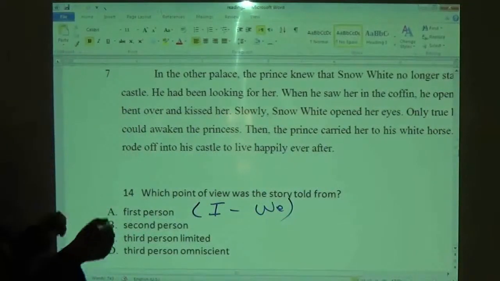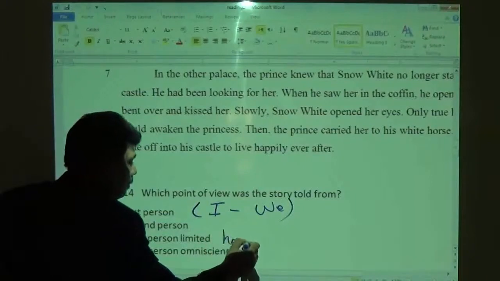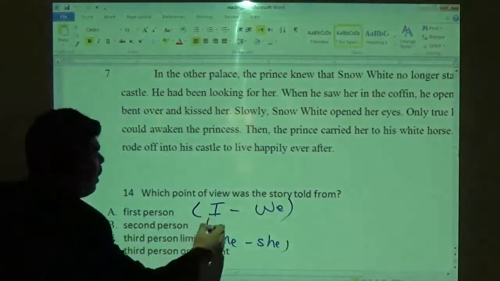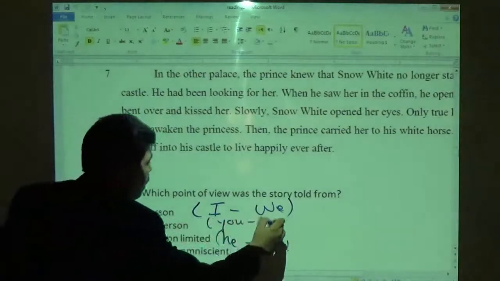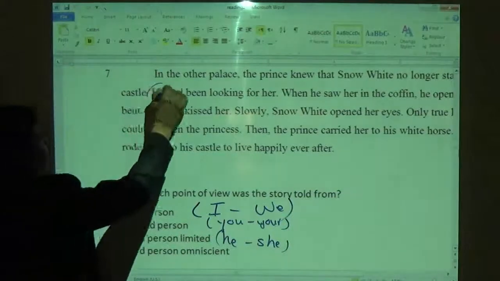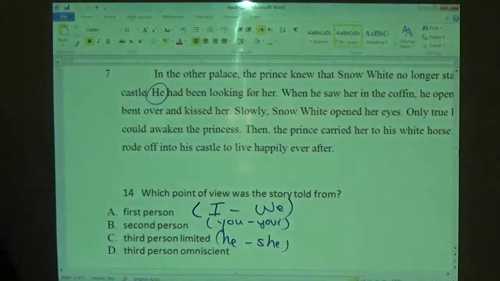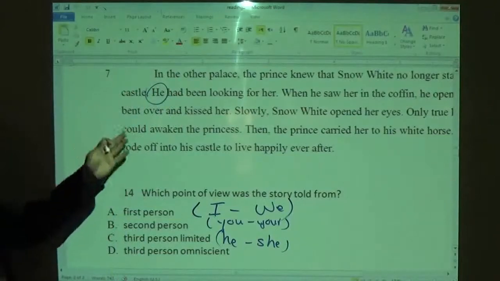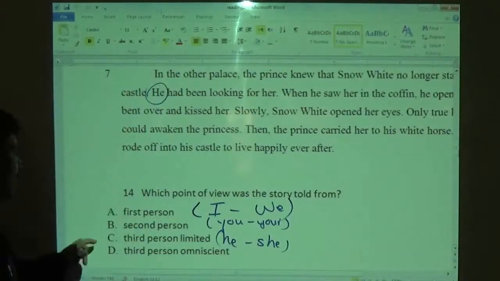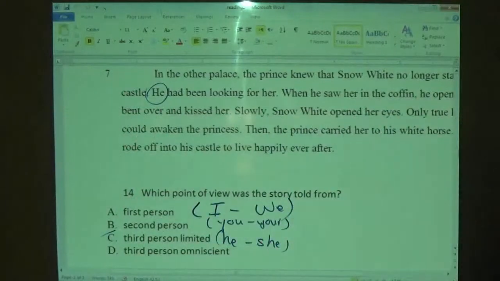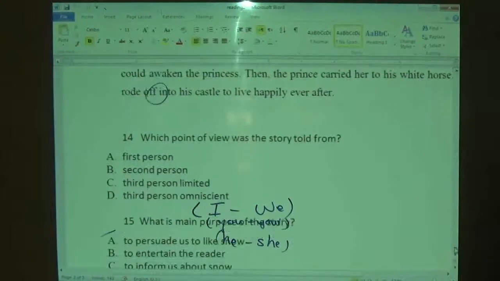And if I find he or she, that's third person. And if I find you or your, that's second person. If we look here, what is this? Yes, it's he. So it's very clear that the point of view here is the third person. Okay? And we have many other questions related to the narrative.